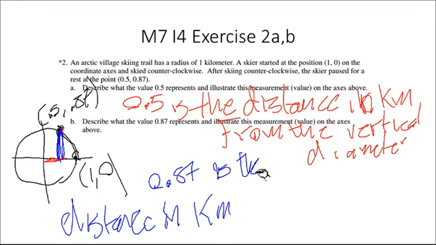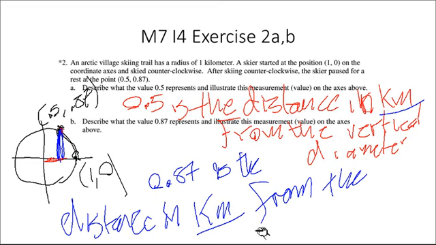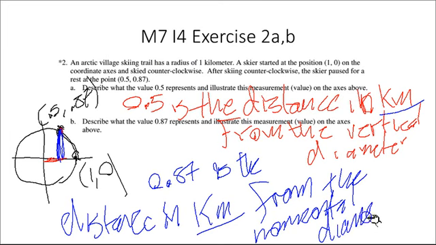Our unit of measure here is kilometers, as it was here, of the skier from the horizontal diameter. The horizontal diameter, right? That would be this line.